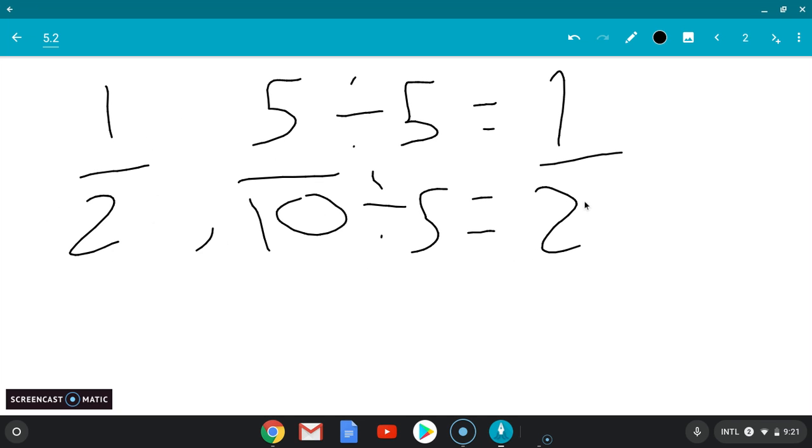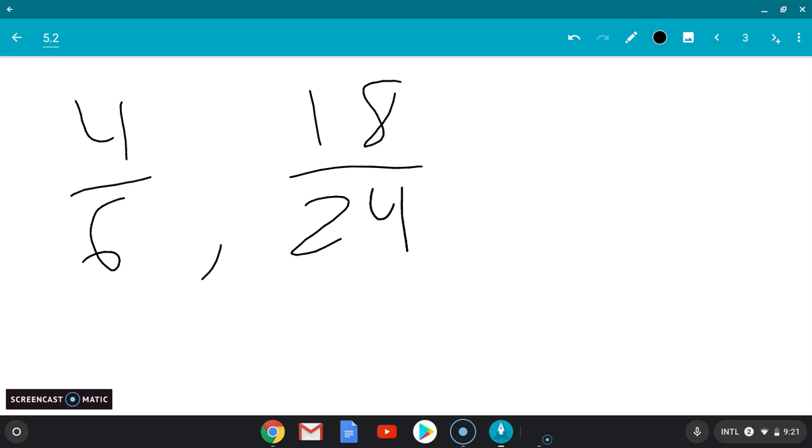Okay, now if I compared, say, 4/6 and let's go with 18/24. Okay. Now we're asked, are these proportional? 4/6 can be simplified.